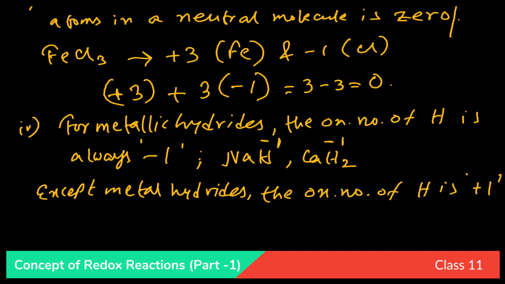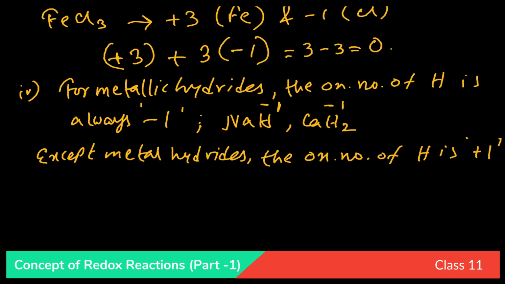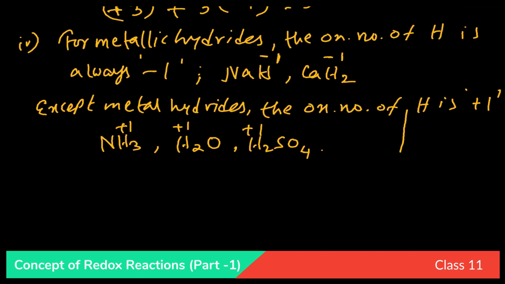That means if I take NH3, or H2O, or H2SO4, all of these compounds will have +1 oxidation number of hydrogen. As they are not hydrides, the oxidation number for hydrogen will always be +1.